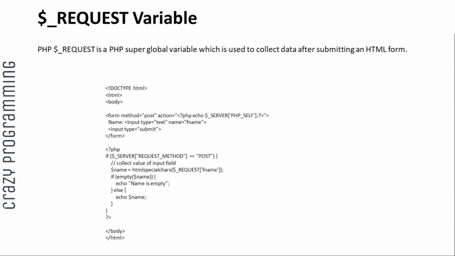Let's go with the request variable. Let's understand the definition. PHP request is a PHP superglobal variable which is used to collect data after submitting the HTML form. Basically it's very simple. Here a form is created, you can see, and here I created a post one to submit the form.